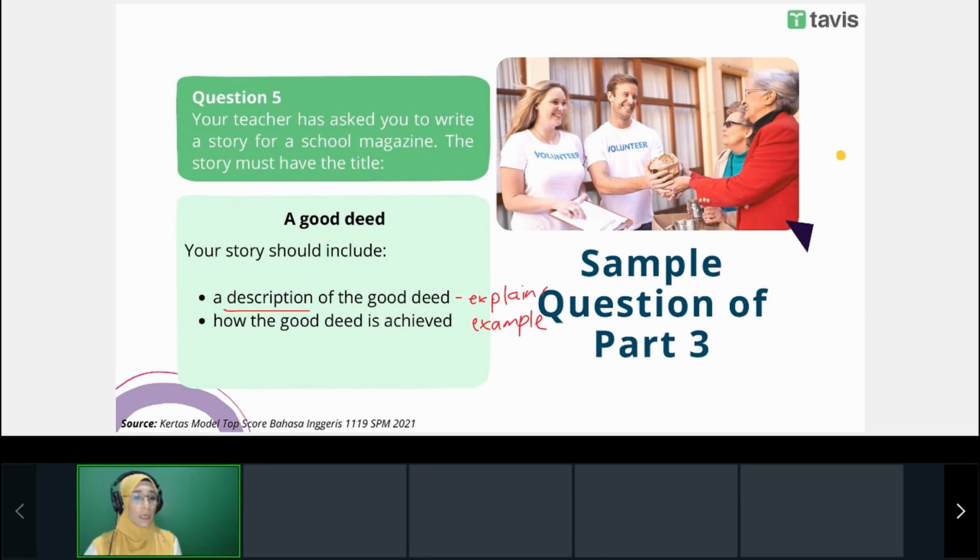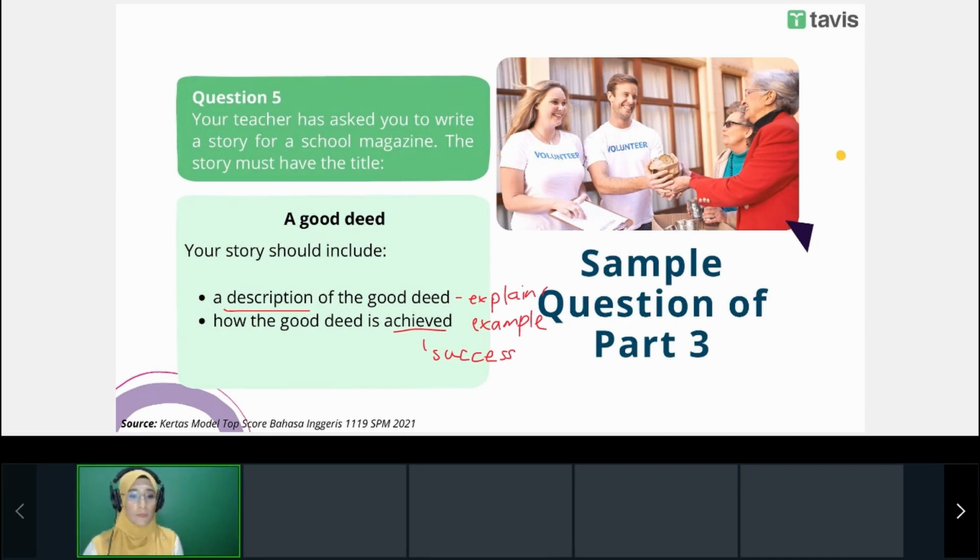Then how the good deed is achieved, so how it is a successful one. When it comes to a good deed, it is some action that you did good for someone, right? So in this picture here, you are a volunteer, then you help the senior citizens.